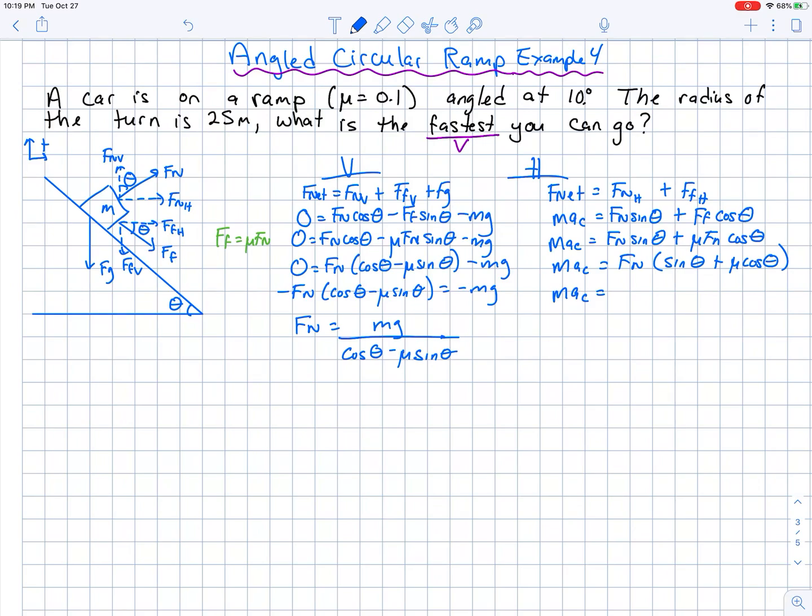We get m a_c is equal to, we're going to substitute in our formula for the normal force, which we arrived at in the vertical column. So Fn is equal to mg over cosine theta minus mu sine theta, times sine theta plus mu cosine theta.